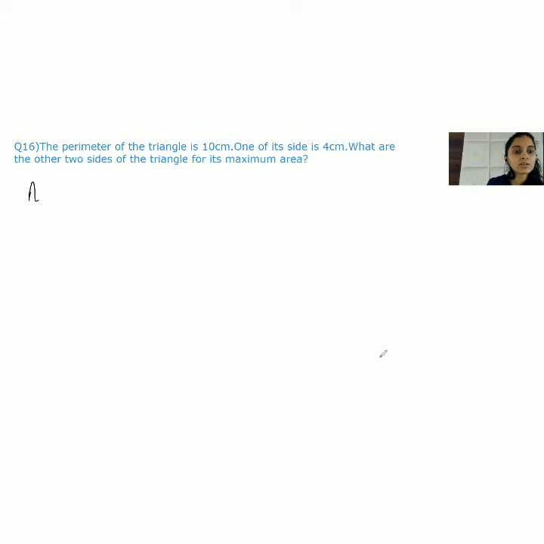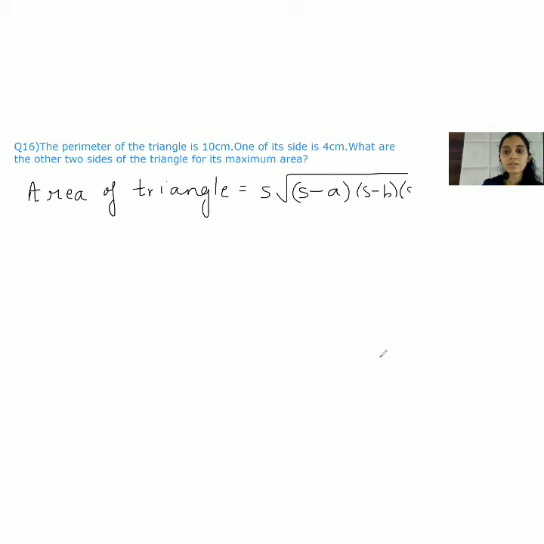So area of triangle, in terms of perimeter, what do we know? Square root of s(s minus a)(s minus b)(s minus c). What is a, b, and c now? Let us see that. So first let us make a triangle here.